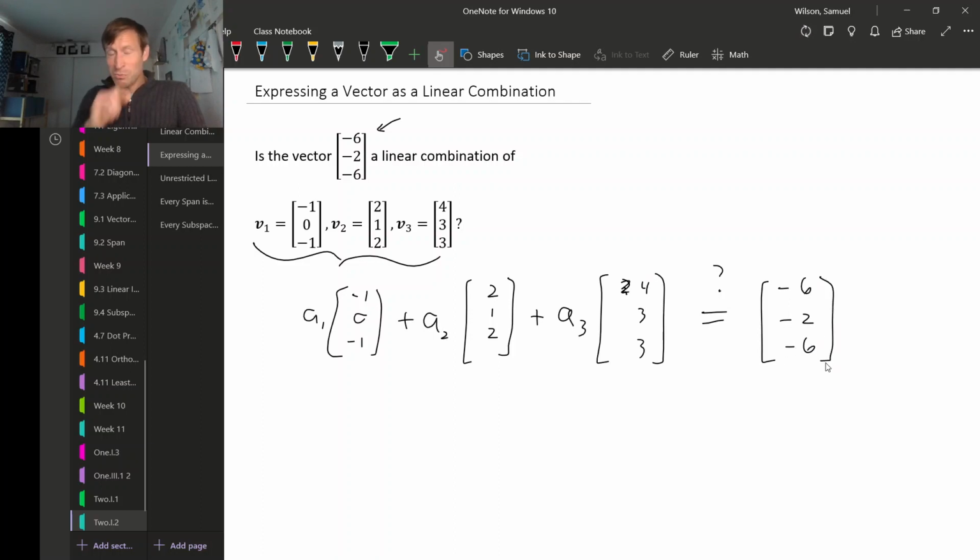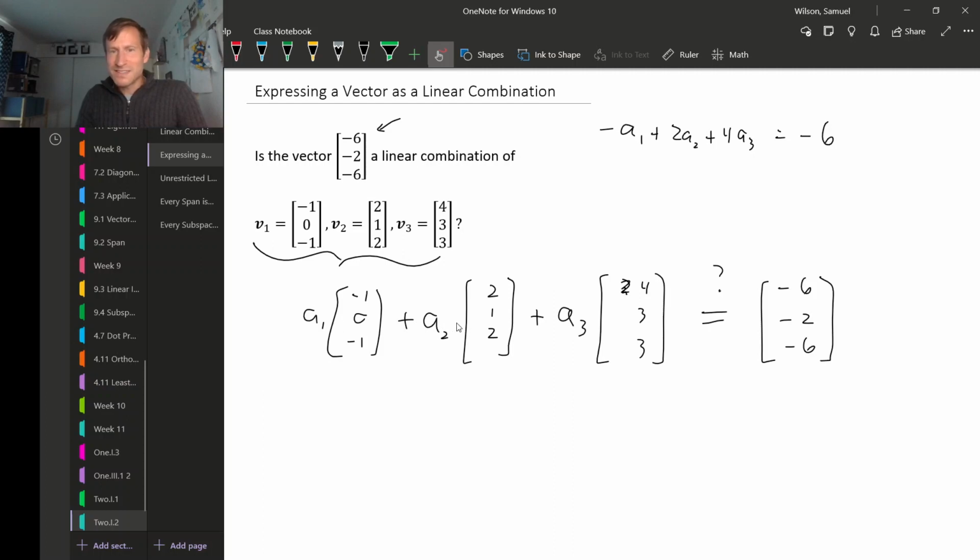Okay. Well, it's not at all clear if this is possible, but if you look at this just right, this is actually a linear system of equations. So if you look across just the first entry of all of these things, going across the first entry, we get -a1 plus 2a2 plus 4a3 is supposed to be equal to -6.